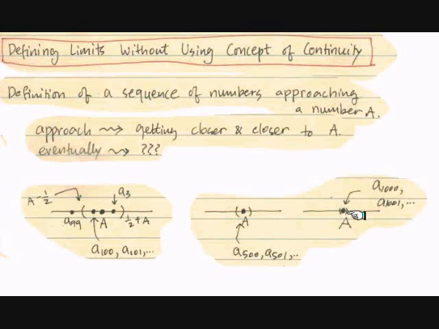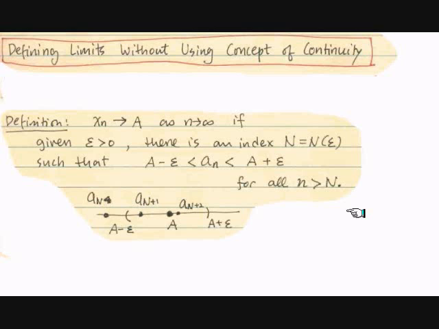So let me write down that term more mathematically precisely. Here's the definition. We'd like to establish the fact that a sequence of numbers xn approaches A as our index approaches infinity. That's the notation for eventually approaching A, and the following property must be true. Given epsilon, this is the radius 1/2, 1/4, and 1/10 that I was talking about.